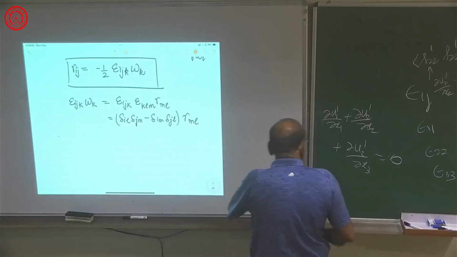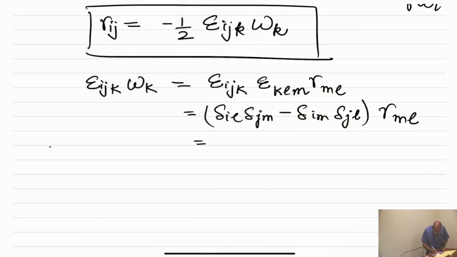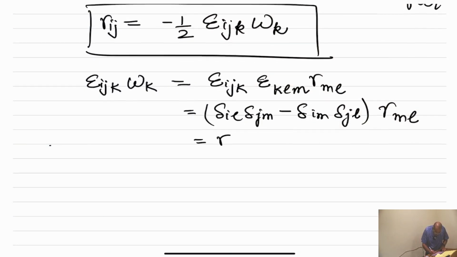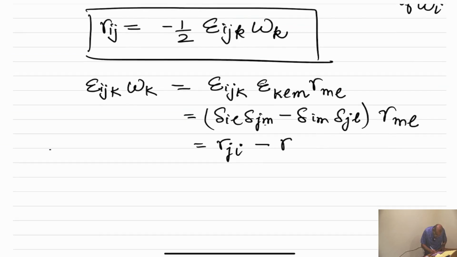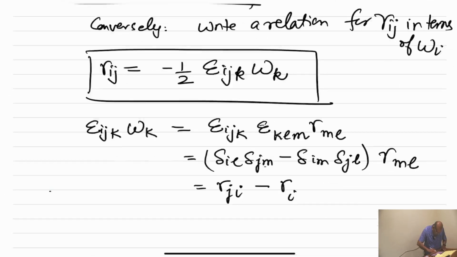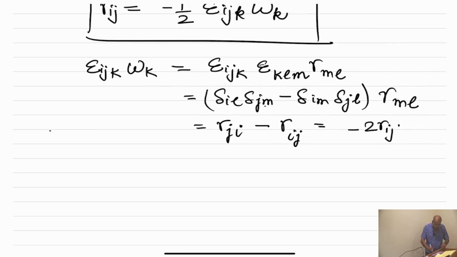This summation you should be able to do: wherever the l is there, it will become i, and m becomes j, so it becomes R_ji minus delta_im delta_jl R_ml, that is R_ij. So this becomes equal to minus 2 R_ij, and from there we get R_ij.